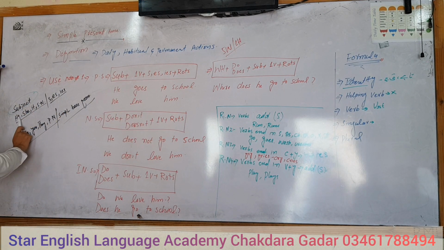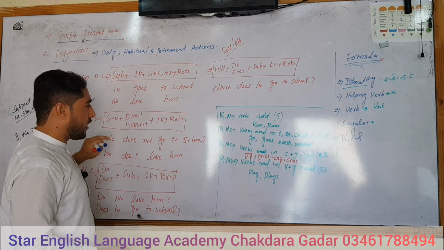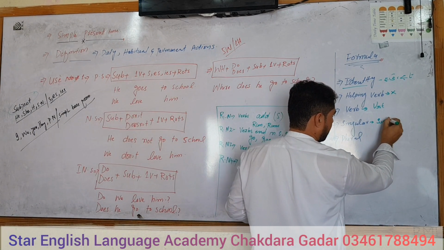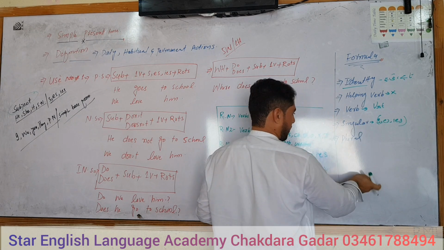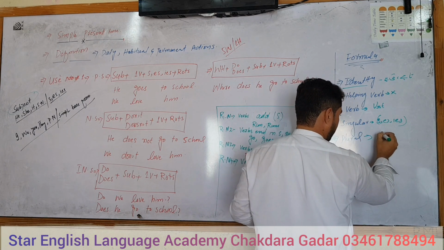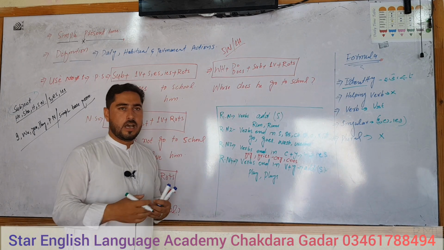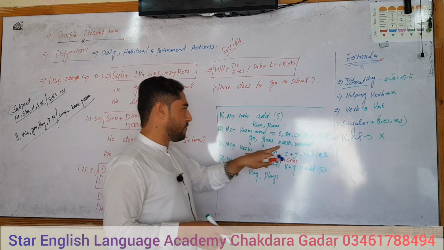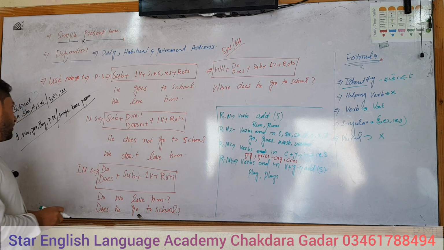If the subject is he, she, it, or a singular noun, we use s, es, or ies. In plural, we don't add anything in simple present tense. For example, we, they, we don't add s, es or anything else in the plural of this tense.